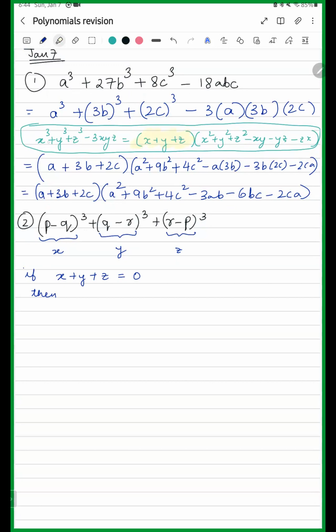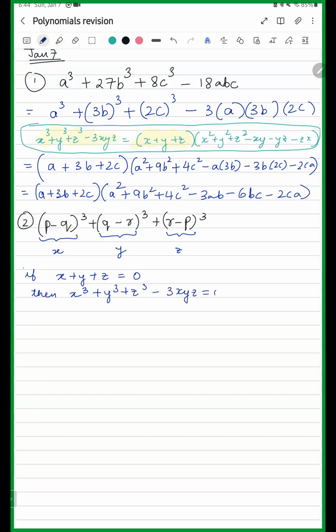Then you can say that the LHS is equal to 0. So x cube plus y cube plus z cube minus 3xyz is equal to 0.